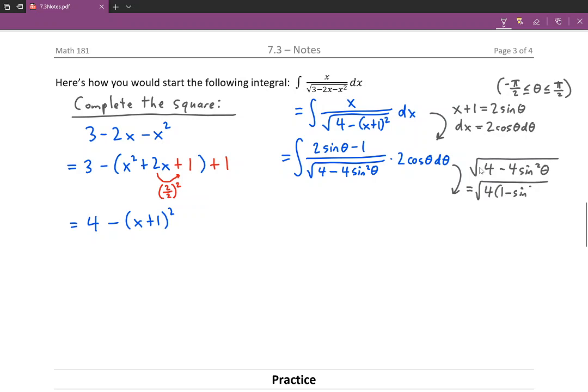Use a Pythagorean identity to write 1 minus sine squared theta as cosine squared theta. And then the square root of 4 cosine squared theta becomes 2 cosine theta. So the radical simplifies to just 2 cosine theta.